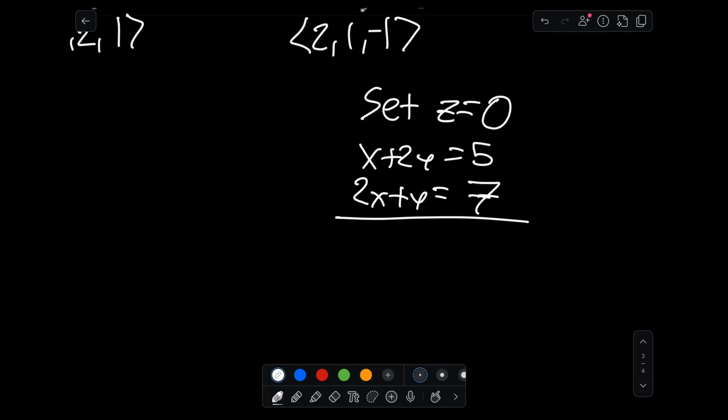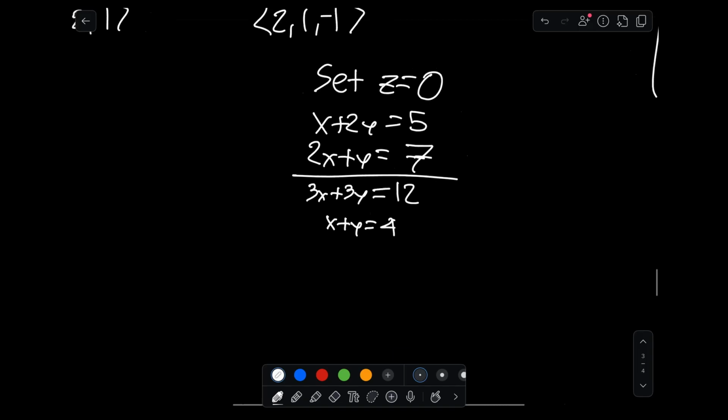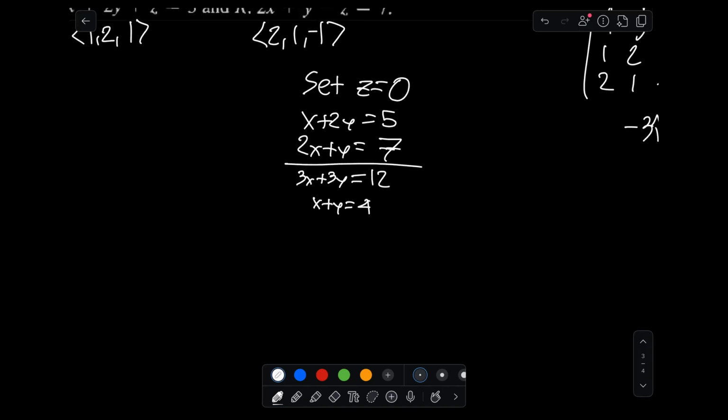So add these up. We don't even want to solve for or do like elimination. We can just do this. We can do 3x plus 3y equals 12, x plus y equals 4. And then we can pick any point from this combination and then work it out for us, right?